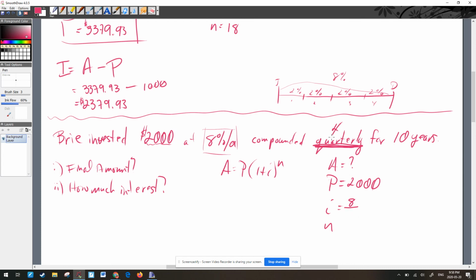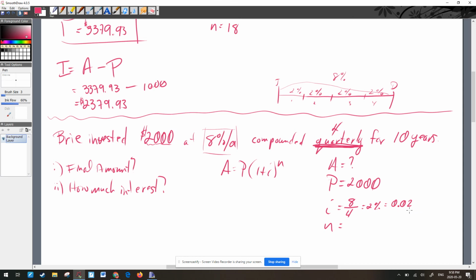Quarterly means 4. So you're going to take the 8, divide it by 4, and that's going to be 2%. But I want 2% to be a decimal, so I'm going to divide that by 100. And so when I divide that by 100, it's going to be 0.02. So that is the interest per compounding period, 0.02.